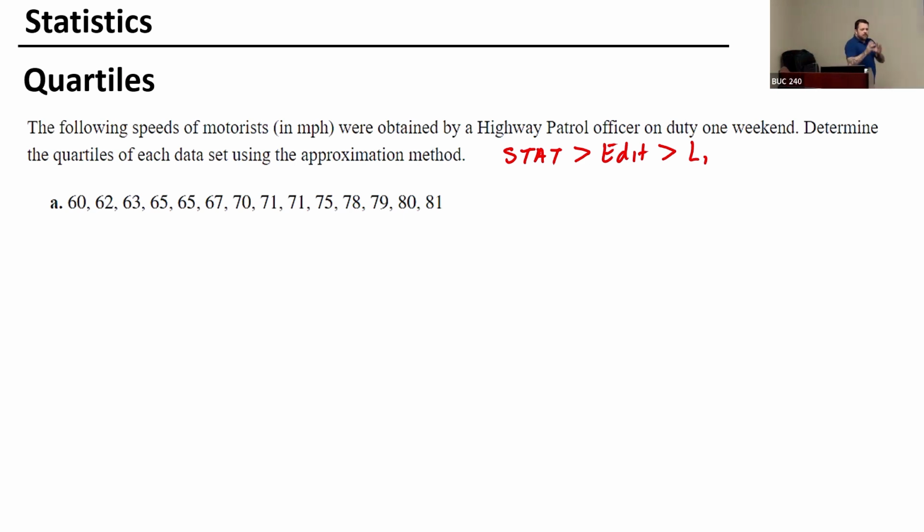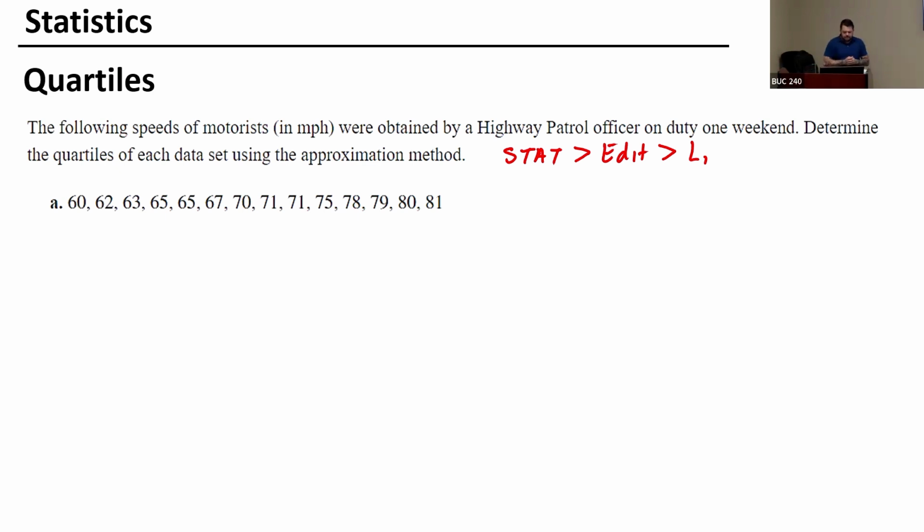But now I want to ask you questions as you're doing this. Would this be considered a sample or a population? Sample. Does it specifically say sample? No, it literally says the following speeds of motors in miles per hour were obtained by a highway patrol officer. So this is his what? Population. Okay.